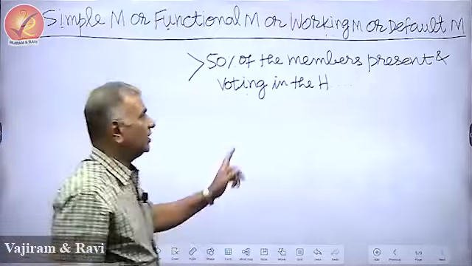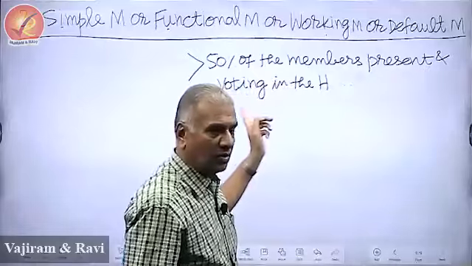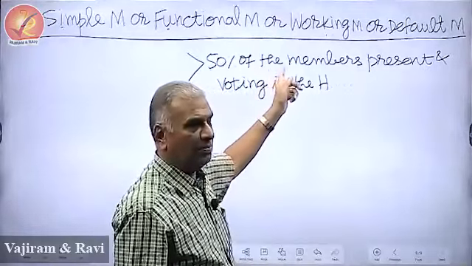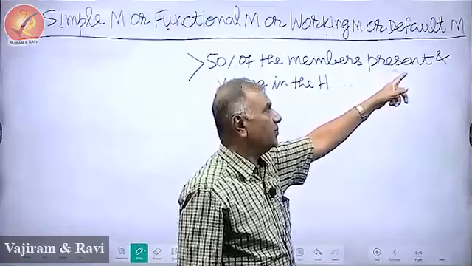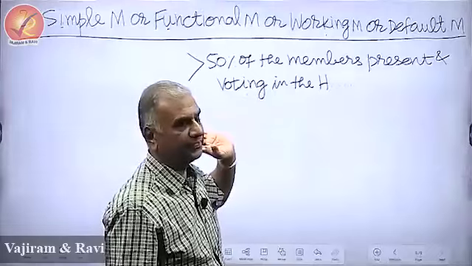Whereas absolute majority is calculated on the basis of the total strength of the house, simple majority is calculated on the members who are present in the house and vote in the house.